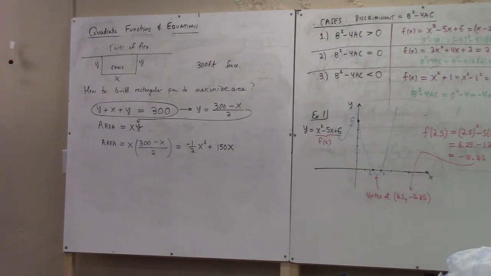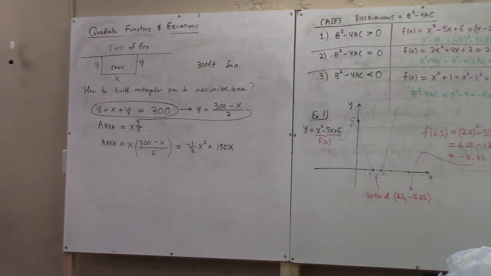So how do you maximize that area? You need to pick the x which puts you at the vertex of the corresponding quadratic polynomial graph. Think about it: if I had y equals that, then y is biggest at the vertex of that parabola.